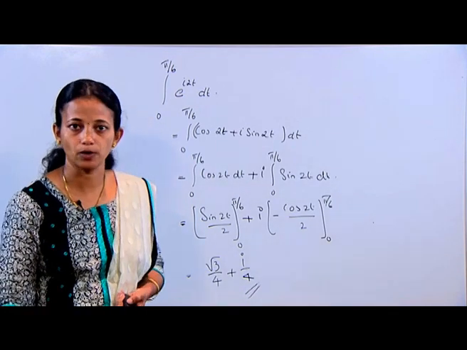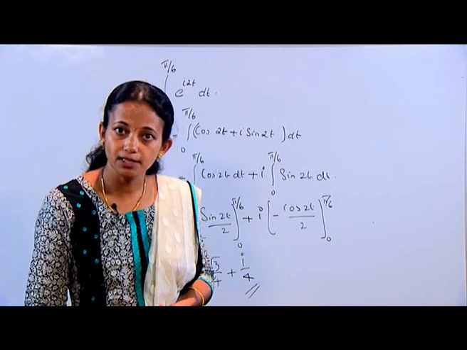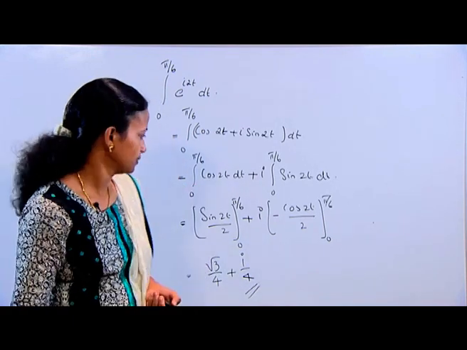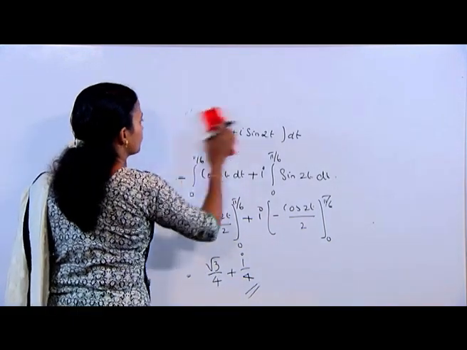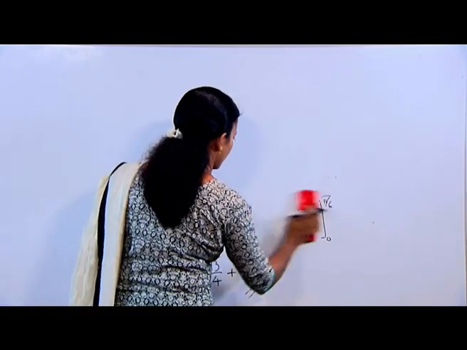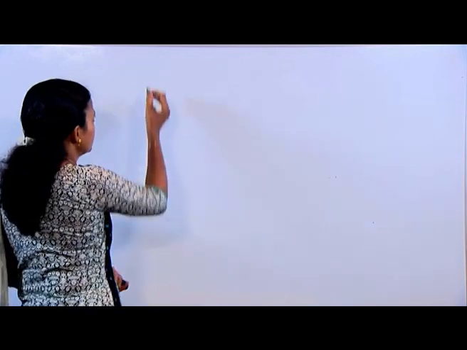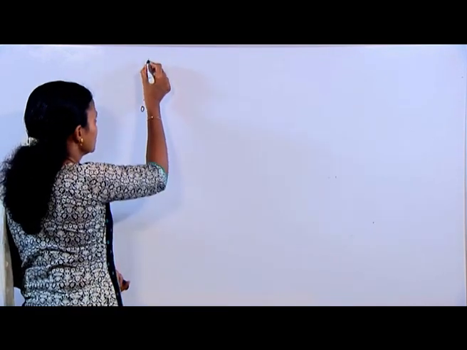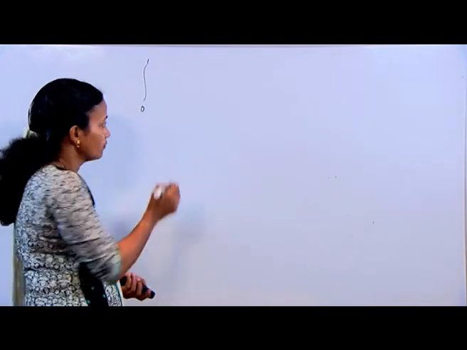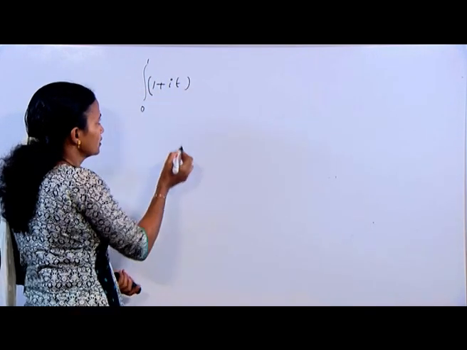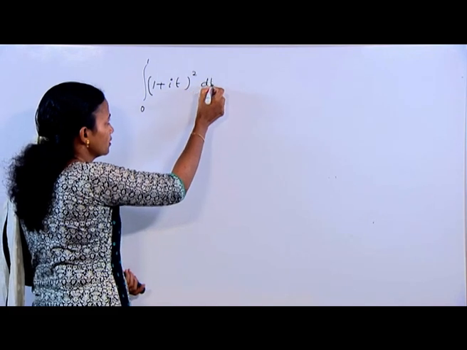Next, we have to evaluate the integral from 0 to 1 of (1 plus i t) whole square dt. Here the limit is 0 to 1.